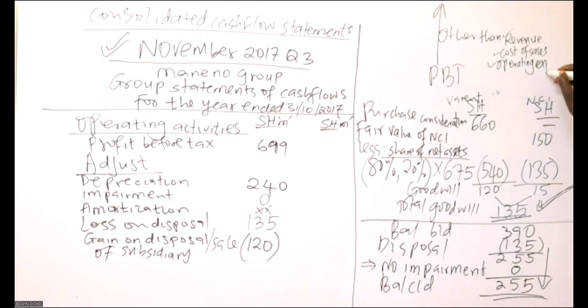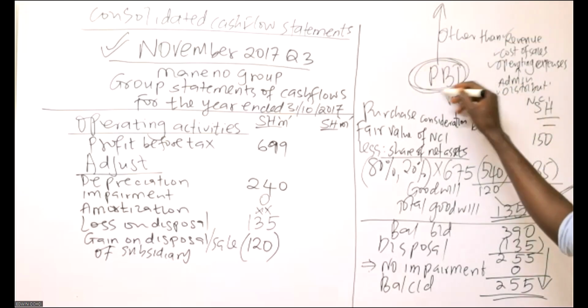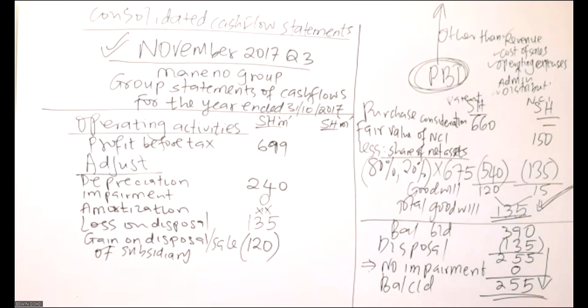Remember that operating expenses are admin and distribution expenses. So other than this, another item above the profit before tax is non-operating, and is supposed to be adjusted against that profit. Other than revenue, cost of sales, admin or distribution expenses, which we call operating expense, the others we adjust.